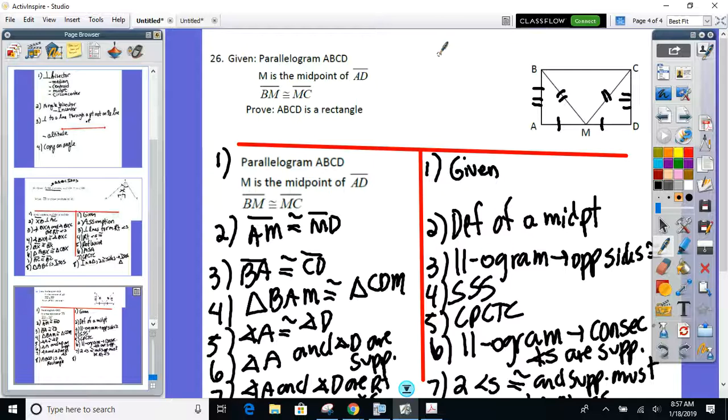If you write a parallelogram with that, yes. Here's the issue I have with two consecutive angles congruent automatically meaning a rectangle. Remember our isosceles trapezoid? Base angles are equal and they're considered consecutive, but it's not a rectangle. But if you say parallelogram, then I'd be okay with that.